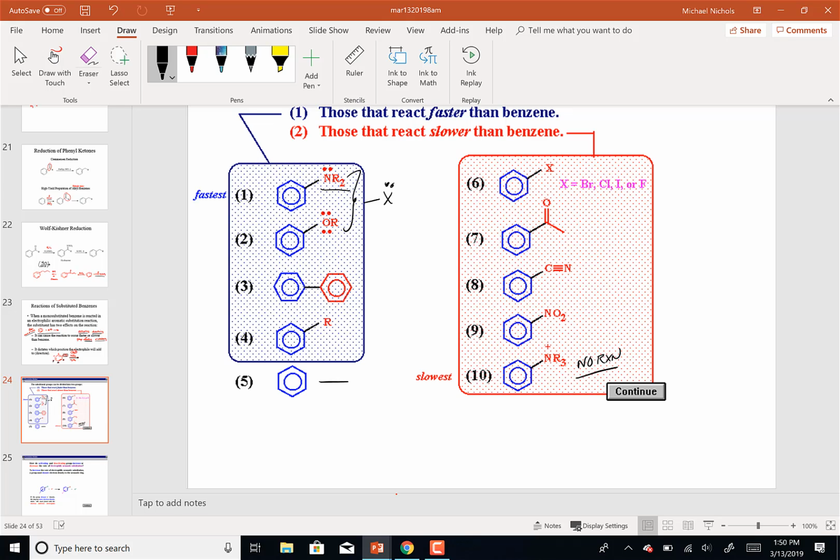And we're going to find that it either directs ortho and para, or meta. So again, it's the yin and the yang of organic chemistry. You want ortho/para, you've got a way. You want meta, you've got another way. That's what we're going to talk about on Friday.